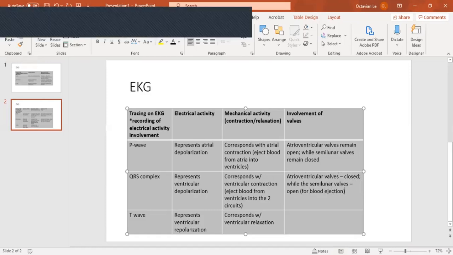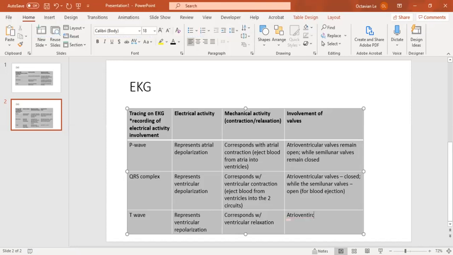Very good. And in the T wave, we can say that the atrioventricular valves remain closed, and also the semilunar valves remain closed as well.